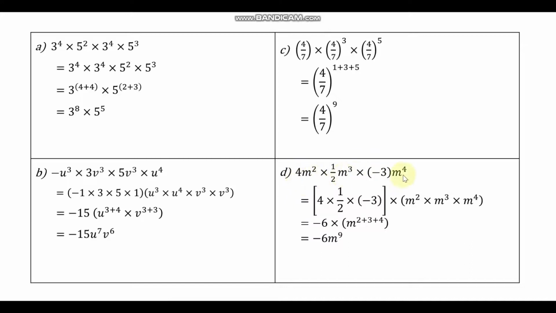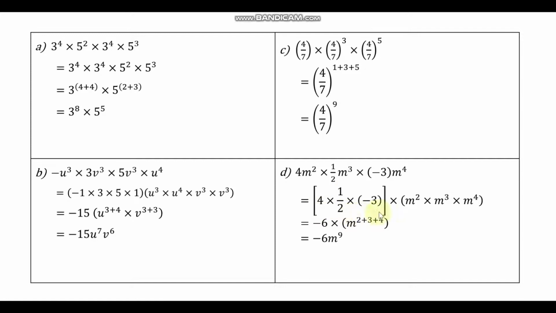The fourth question. We only got one base, which is m. First step, we have to separate the numbers and the terms. 4 times 1 over 2 times negative 3. Remember to put the bracket in front of here, and then we close the bracket, times the terms m to the power of 2, m to the power of 3, m to the power of 4.